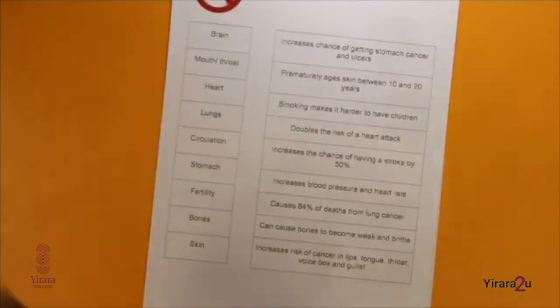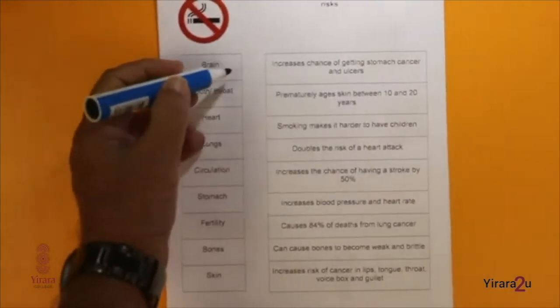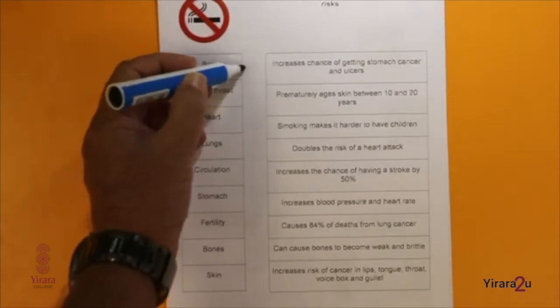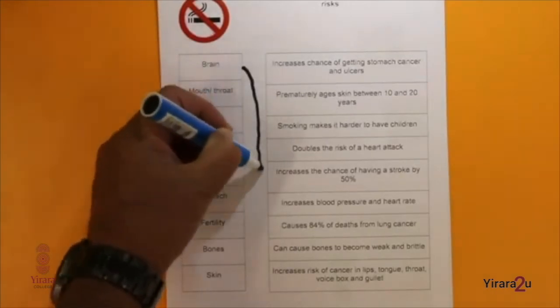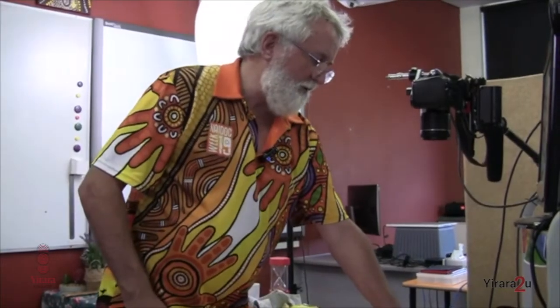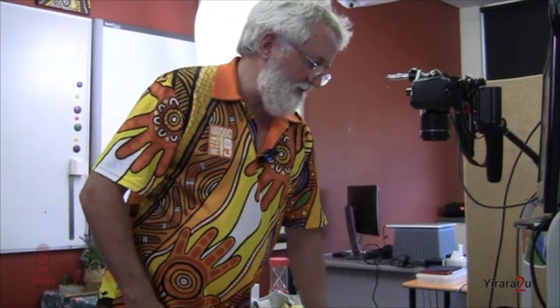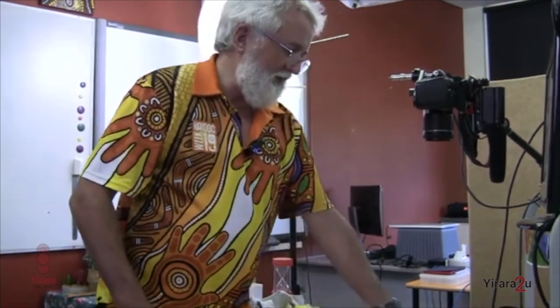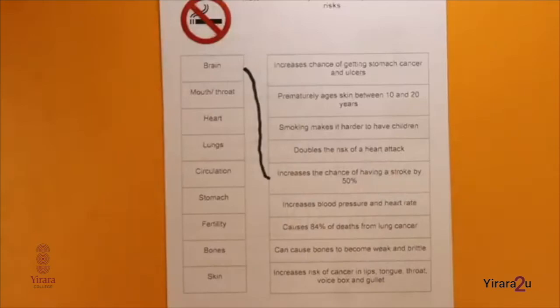So if I then do a line from the brain down to increases the chance of stroke by 50%, and then I can go through and find out which one matches mouth and throat, and do the lines and match all those up as well.